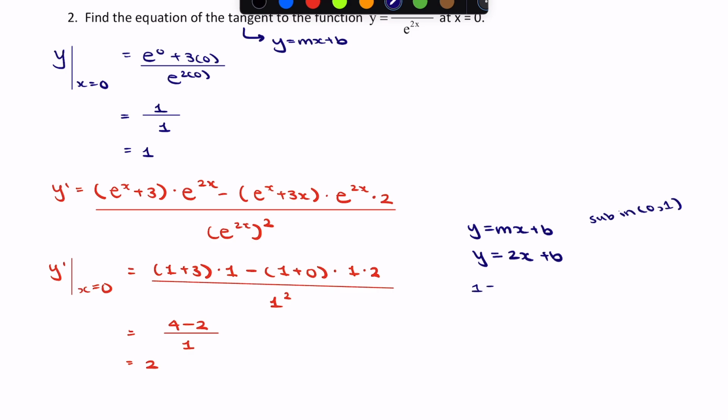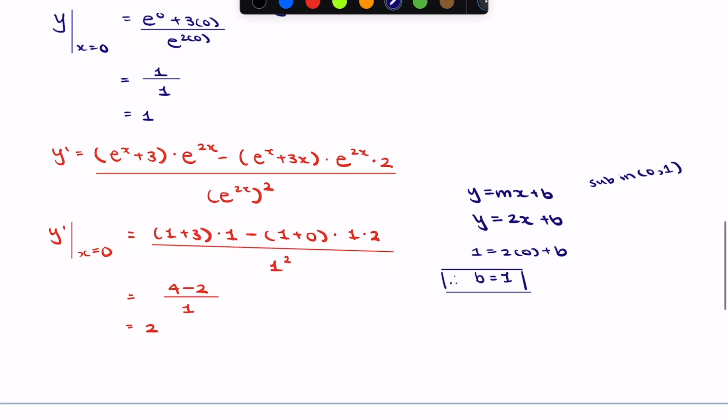And we have 1 is equal to 2 times 0 plus b. Therefore b is equal to 1. Hence our equation of our tangent is therefore equal to y is equal to 2x plus 1.